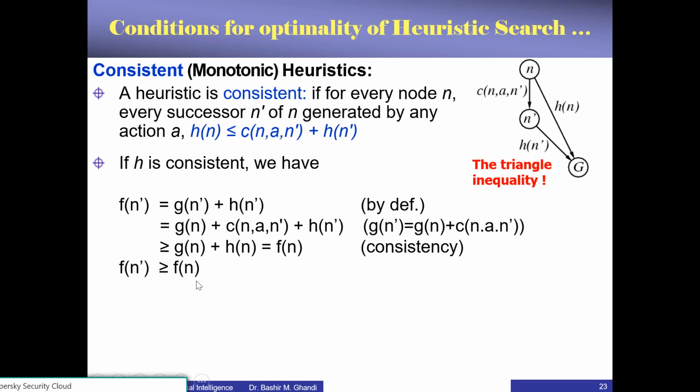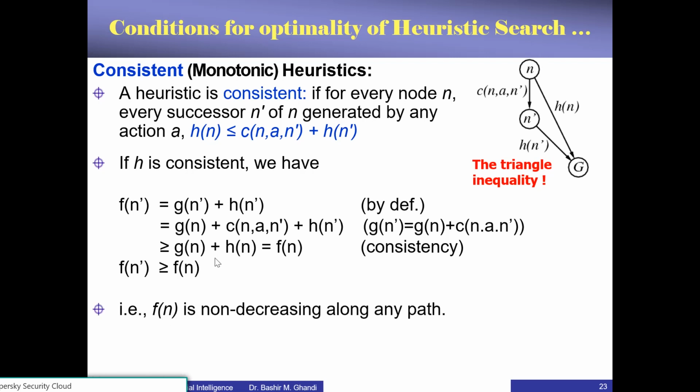So what this means is, if we reach n before we reach n prime, then our f at n' is going to be bigger than f at n. And therefore, it means f is not decreasing. f(n) is non-decreasing.